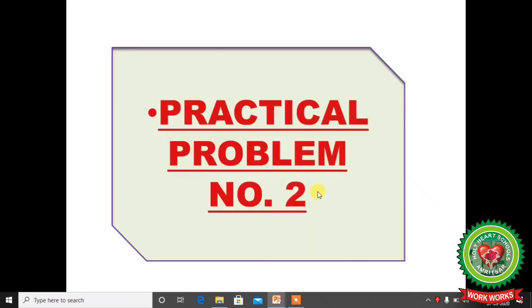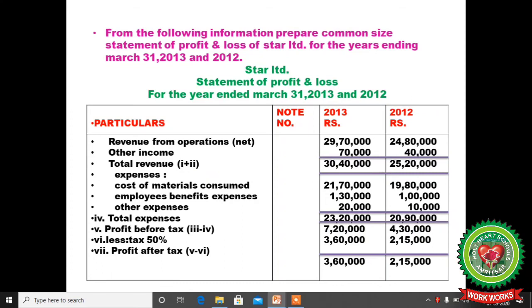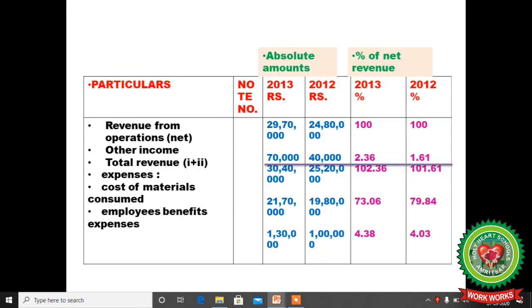So you consider net revenue from operation as the base to calculate the percentage of net revenue. 29,70,000 multiplied by 100 divided by 29,70,000 gives you 100%. In 2012 also in the same way, 24,80,000 multiplied by 100 divided by 24,80,000 gives 100.